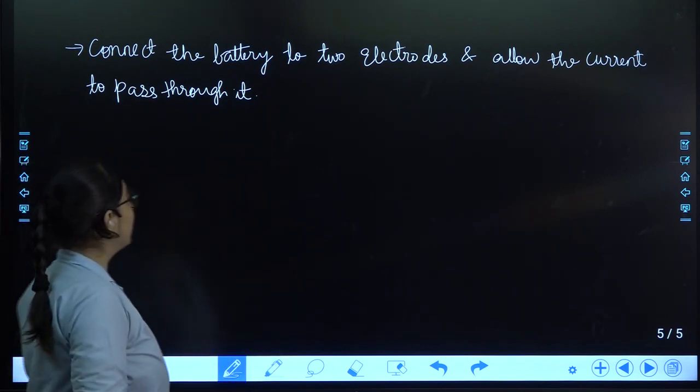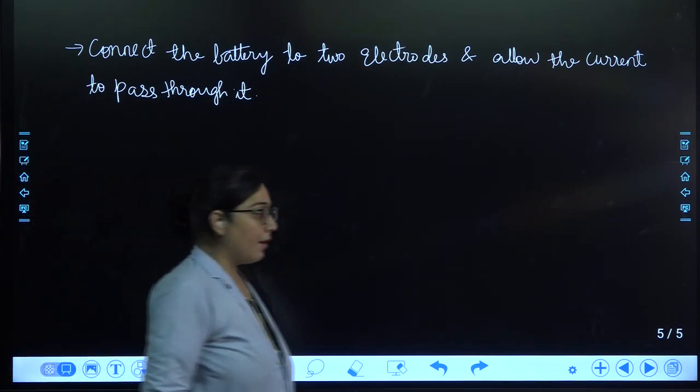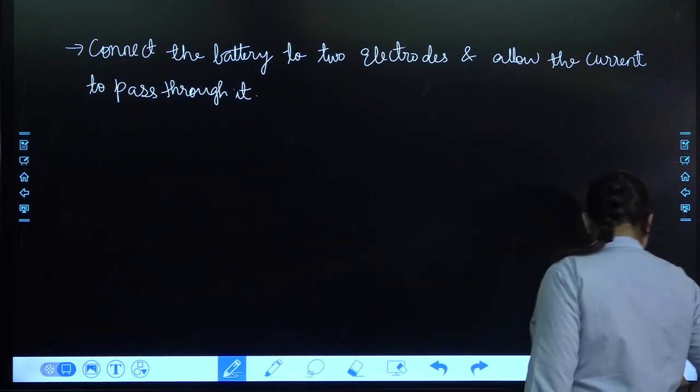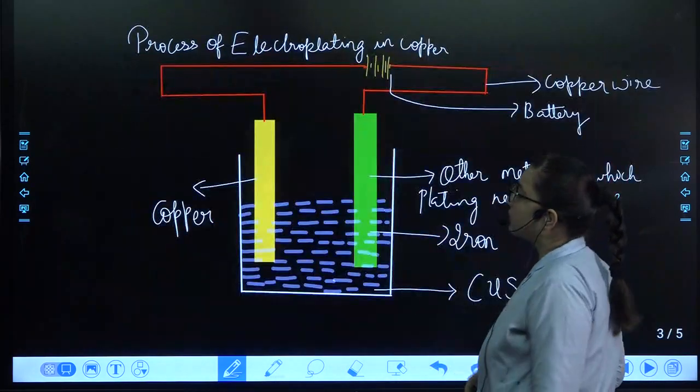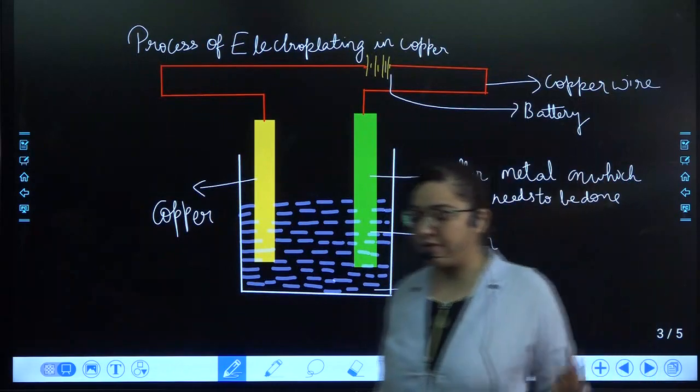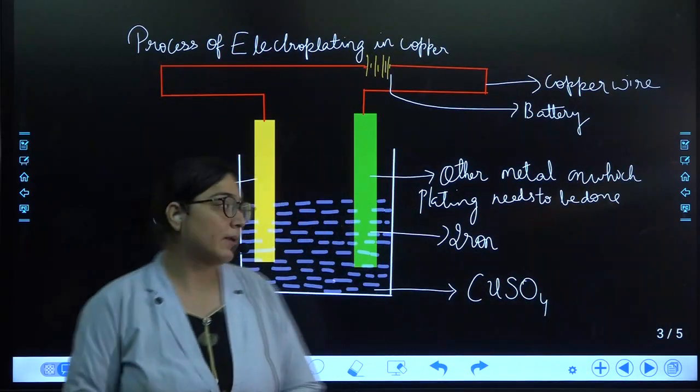What will happen on keeping the battery on and allowing the current to pass?